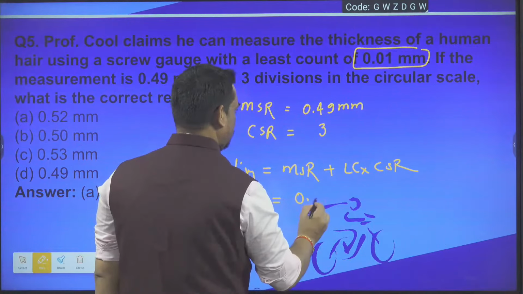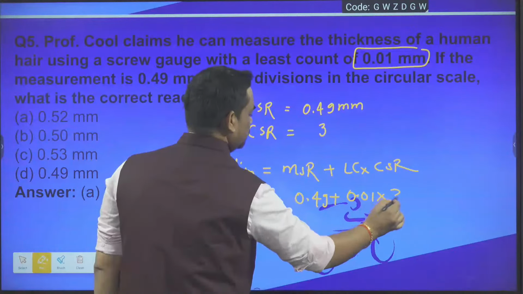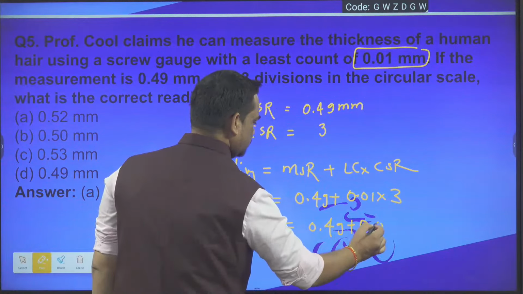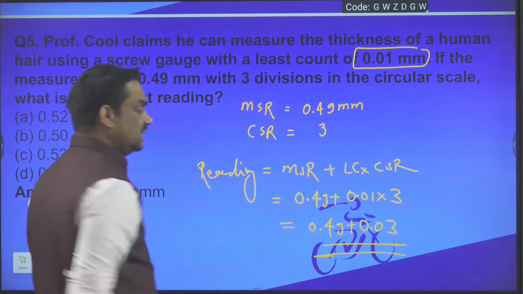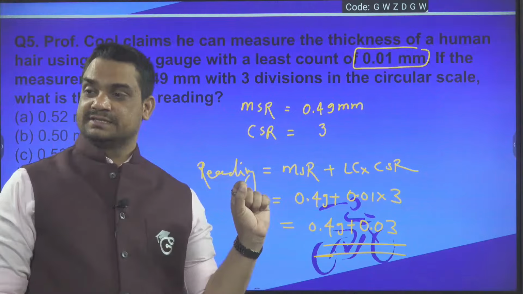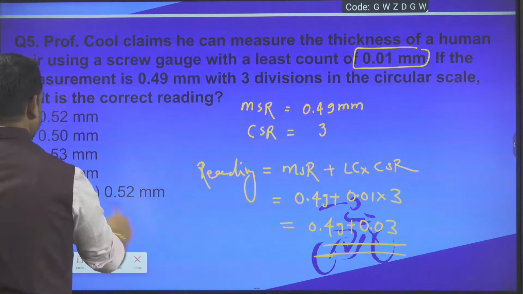Main scale is 0.49, least count is 0.01 into 3. So this becomes 0.49 plus 0.01 into 3, which is the final answer. Clear? Can we solve questions like this? So the answer becomes 0.052.